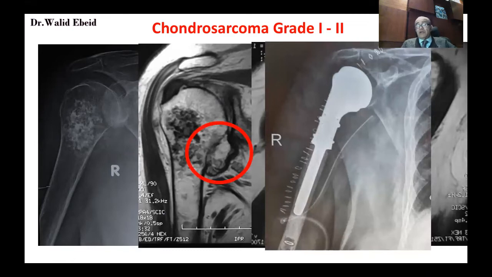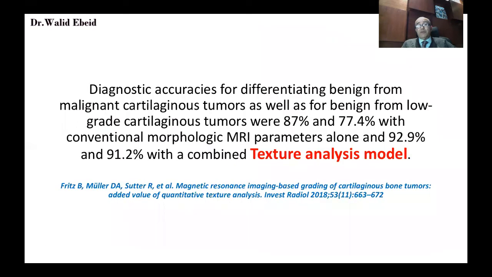So you can see with the MRI and imaging studies, we can, to a very large extent, differentiate between groups that require conservative treatment versus groups which require extended curettage versus groups which require wide resection of the tumor.